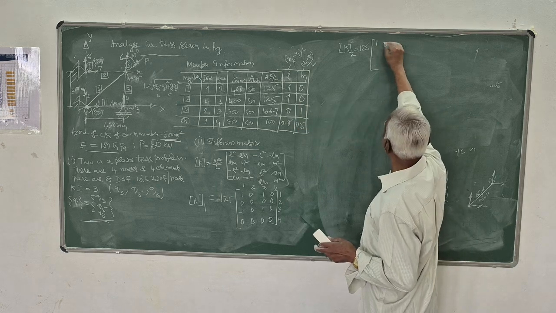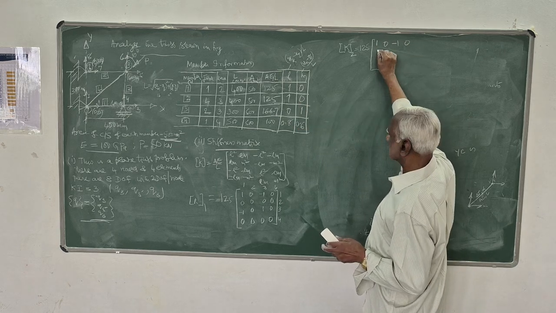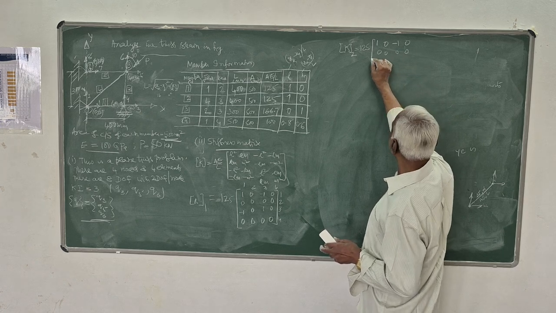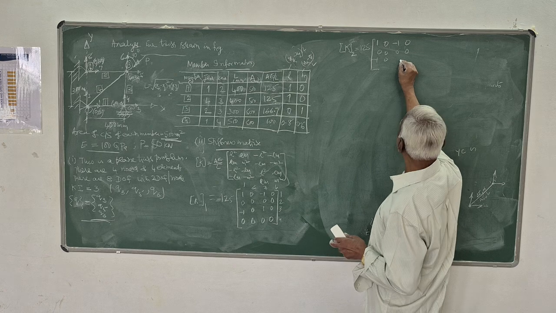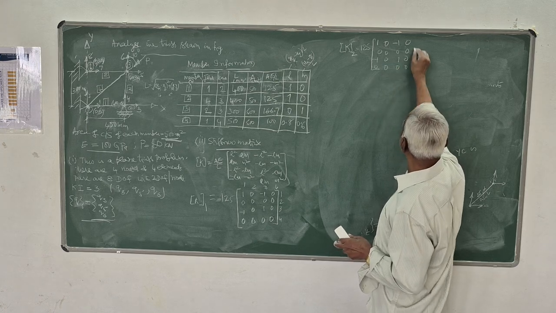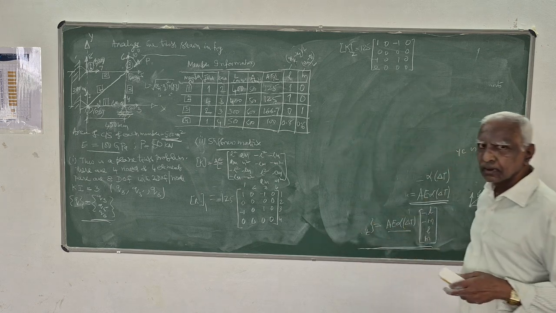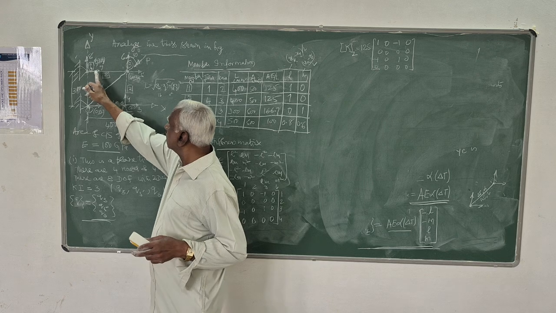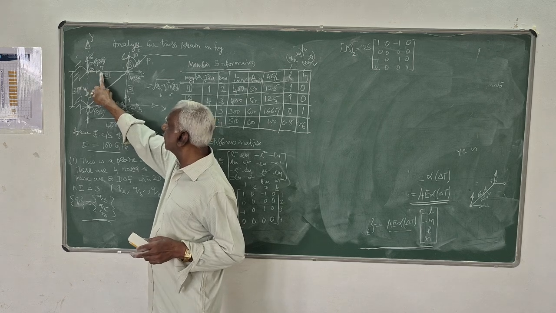You can write simply 0, 0, 0, 0, minus 1, 0, 1, 0, 0, 0. The coordinates for member 2, it is 7.